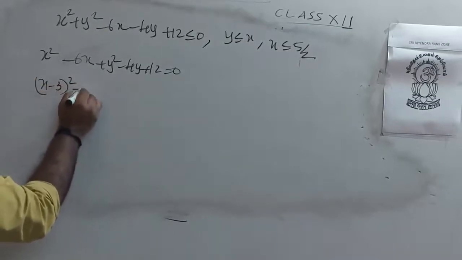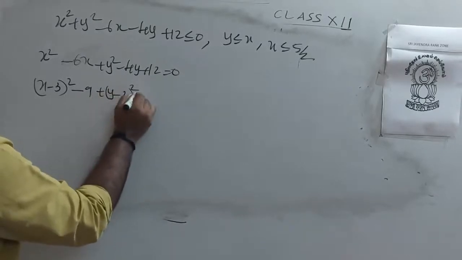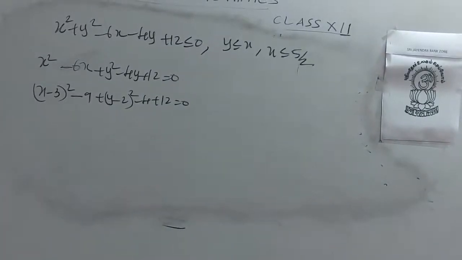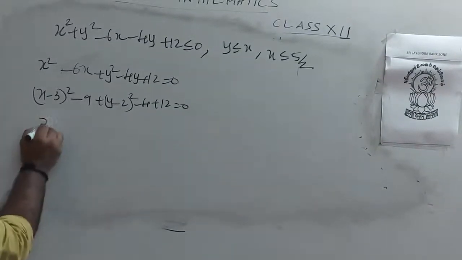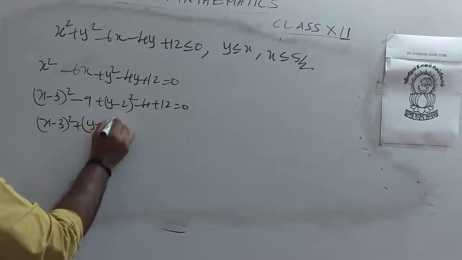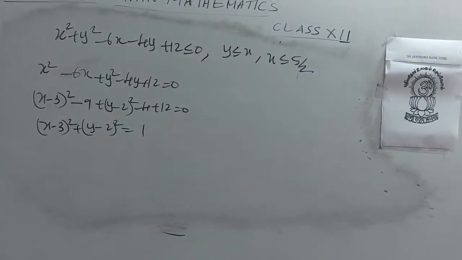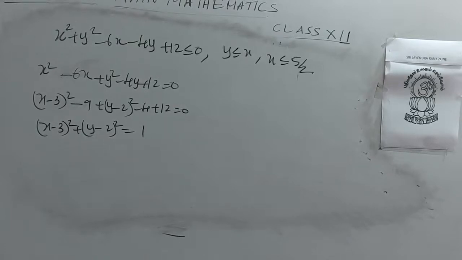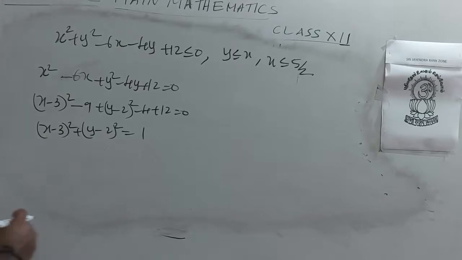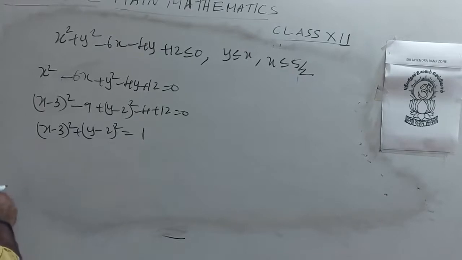That is (x minus 3) whole square minus 9 plus (y minus 2) whole square minus 4 plus 12 equal to 0. So (x minus 3) whole square plus (y minus 2) whole square equal to 1. The center is 3 comma 2, radius 1 unit.